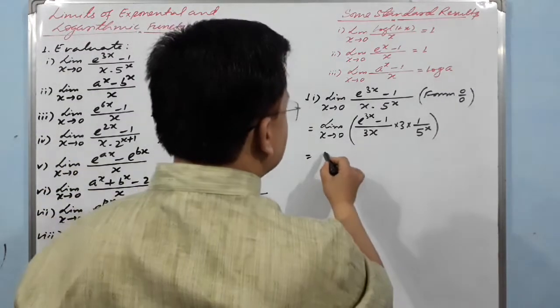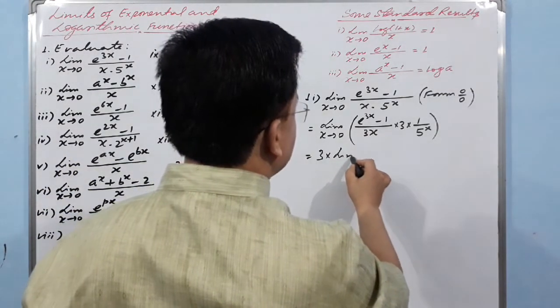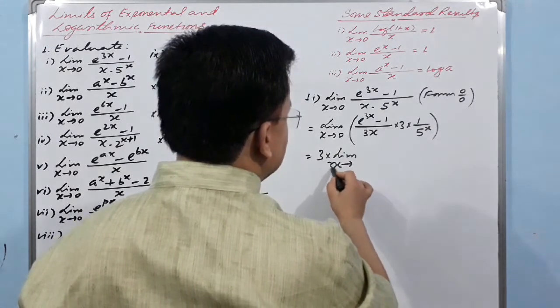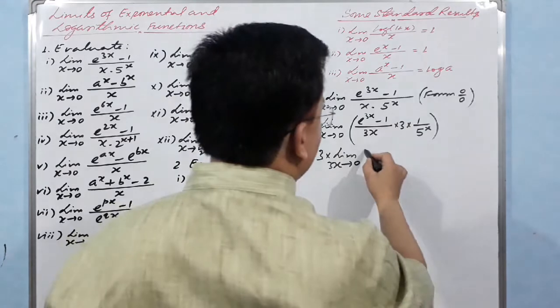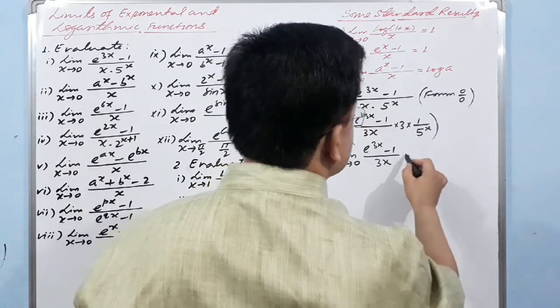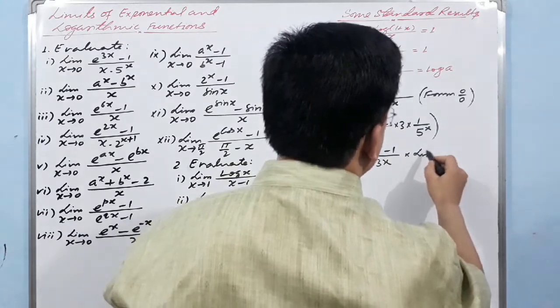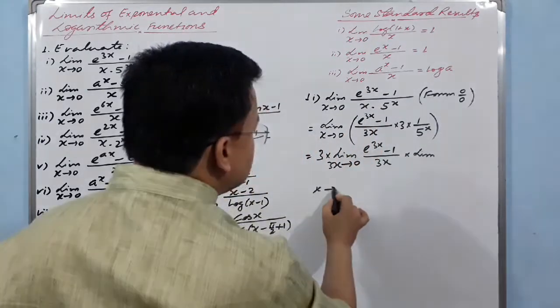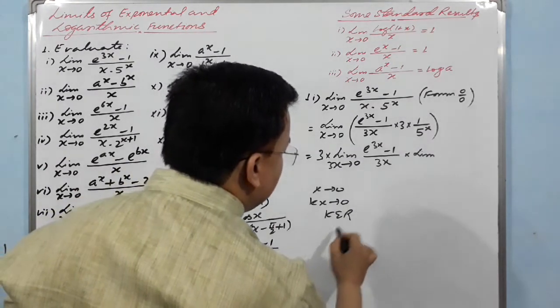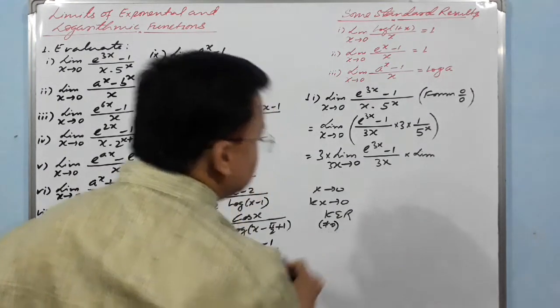Now we can write 3 is constant, outside we can write the limit of constant is constant, as 3x tends to 0, we can make for this e raised to power 3x minus 1 as 3x times limit. As we know, x tends to 0, kx tends to 0, k is a real number, not equal to 0.